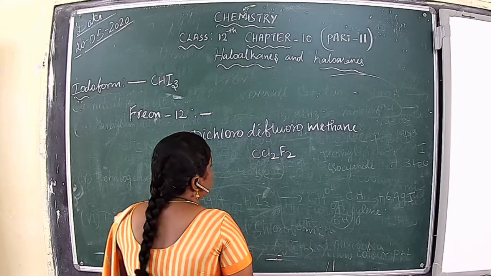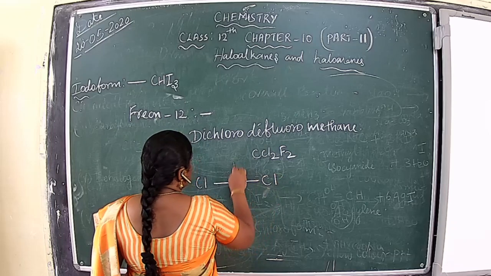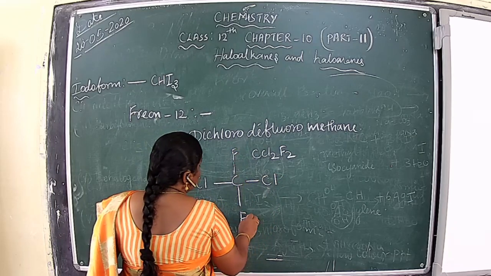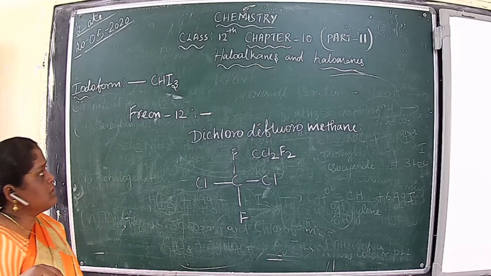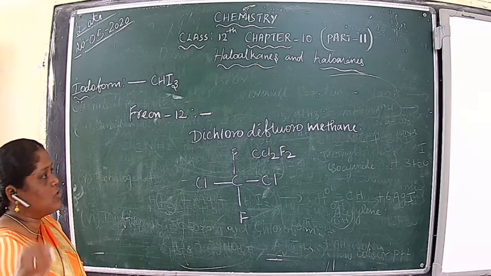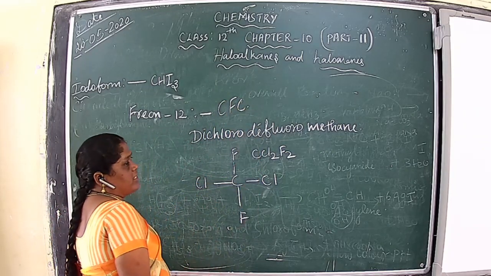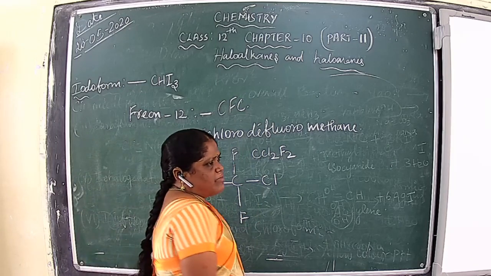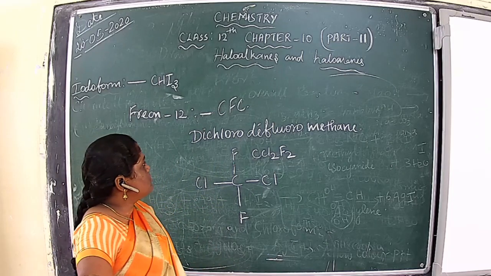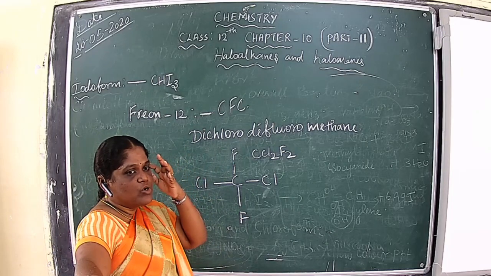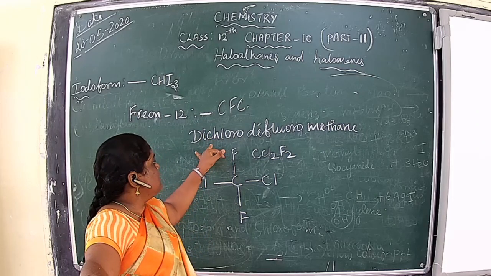See, Cl2, F2, like that structure: Cl, Cl, F, F. Understood? So this is freon 12, a chlorofluorocarbon, CFC. This is the gas liberated from refrigerators and air conditioners, yes or no? That is a main cause of ozone depletion.